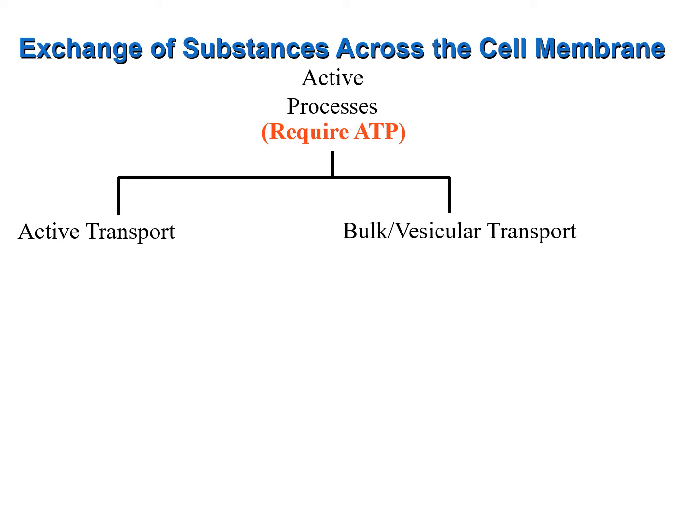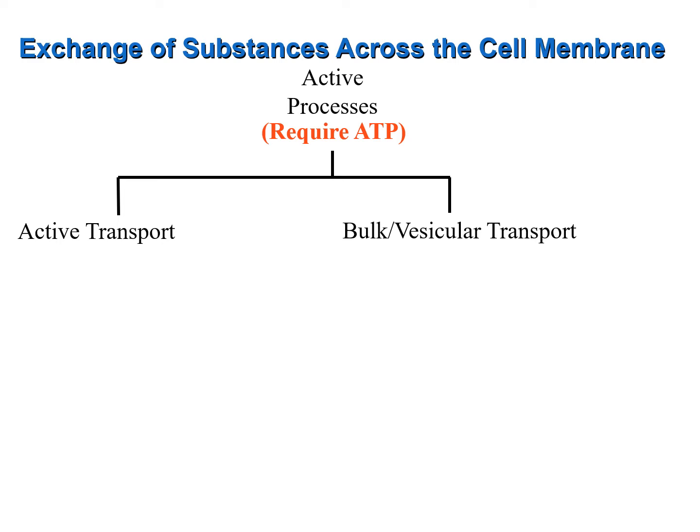All the active processes by which substances are moved across the plasma membrane fall into one of two categories. If the substances are relatively small, like ions or amino acids or monosaccharides, then the substances can be transported actively across the plasma membrane using active transport.